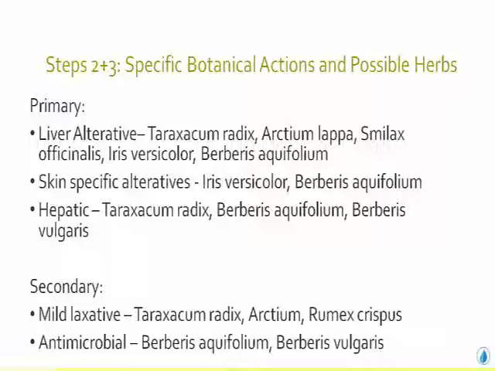For secondary actions, we've got laxative. In this case, we've called it a mild laxative, and we've got even antimicrobial. Laxative, you could choose this because we know things that help eliminate hormones in particular that hang out for a long time in the intestines, have some reabsorption into the body and have some activity. Often when we talk about hormones, it isn't necessarily that the hormones themselves are being overproduced, but rather the pharmacokinetics of those hormones within the body are not being optimized and are leading to some side effects.